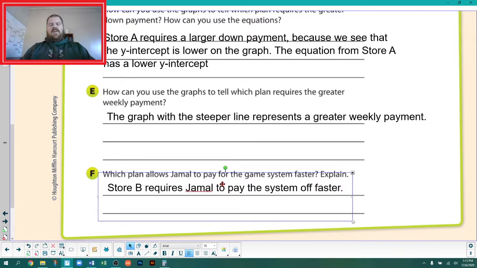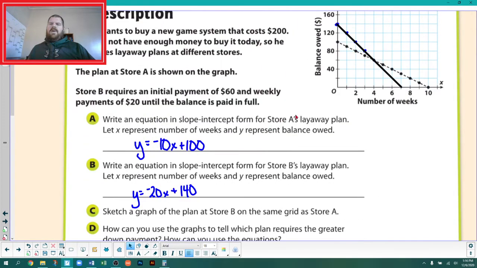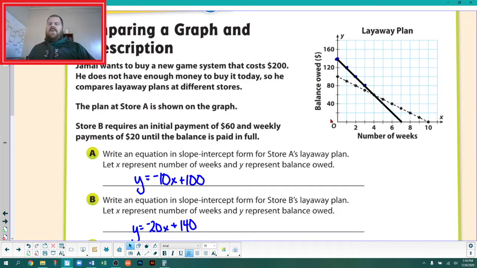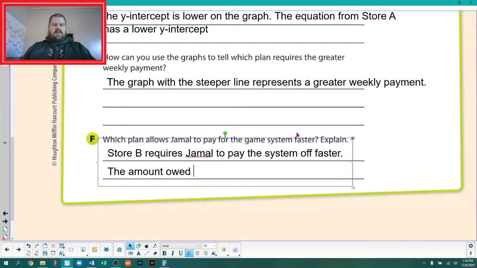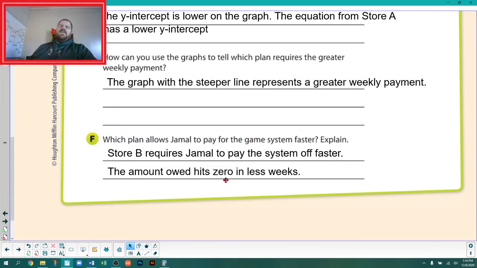The way we can tell that on the graph is that the balance owed hits 0 faster, or in fewer weeks. Okay. And that's kind of our explanation. That's how we know that store B does that.